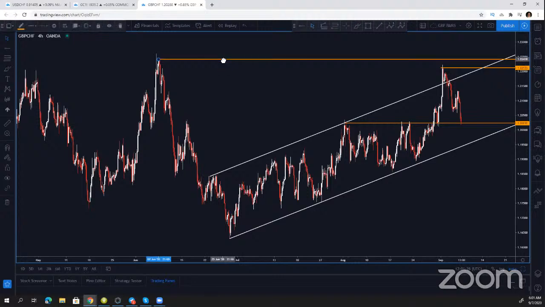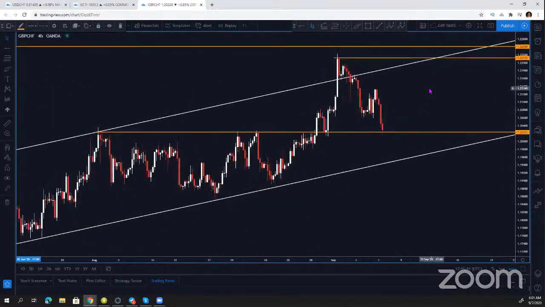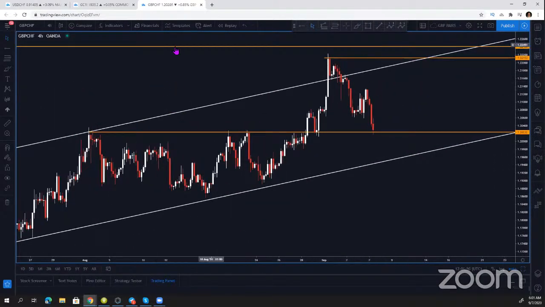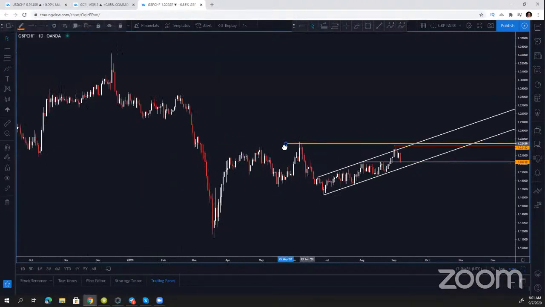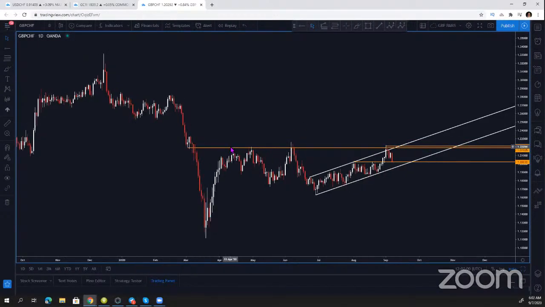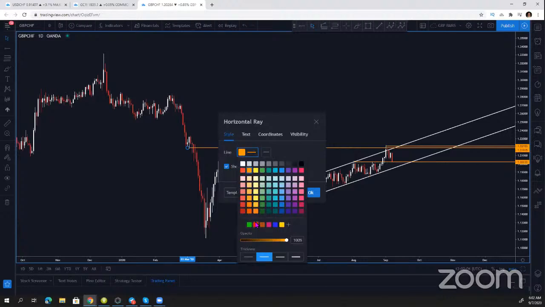So 122 to 122.50 is a very strong level of resistance on the daily, on the 4-hour chart. Let's go to a daily just to have a look at where we're trading. And yeah, this level is quite strong, so I'm going to be using a different color, maybe a blue.